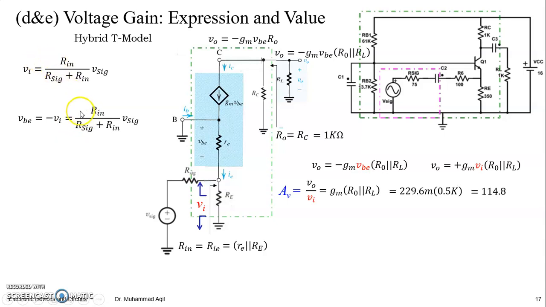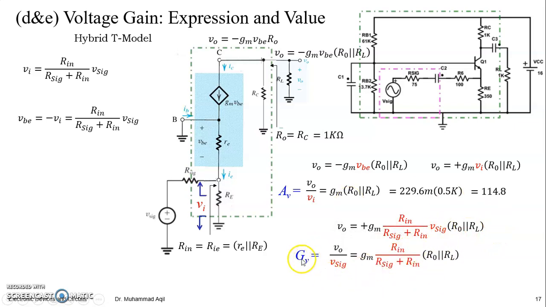So minus minus plus Gm Rin divided by R signal plus Rin, something like that. We can bring this V signal down to have a relation for GV, and we have all these parameters. When we put these together in this equation, we got a positive gain of 2.77.